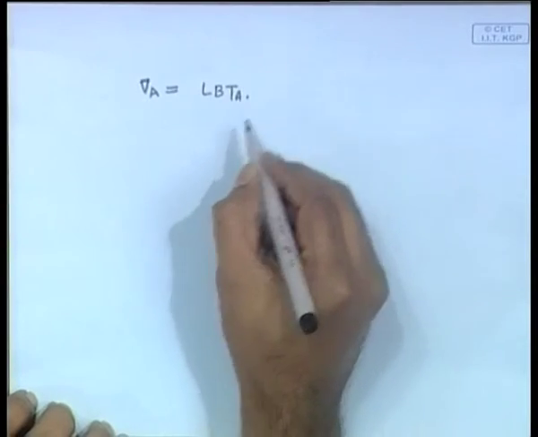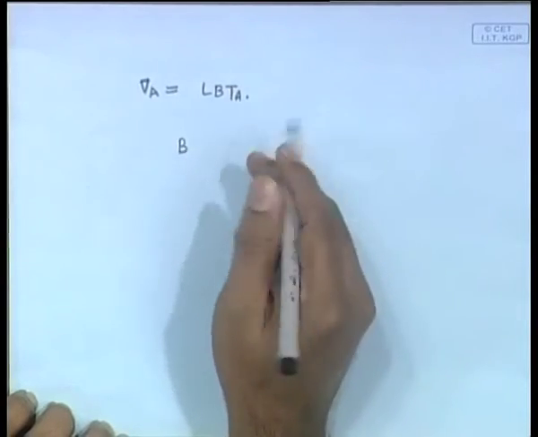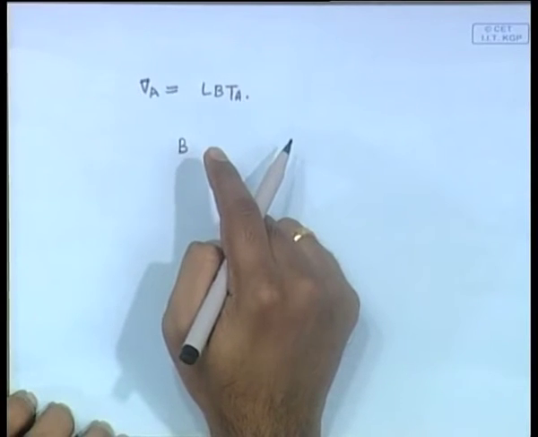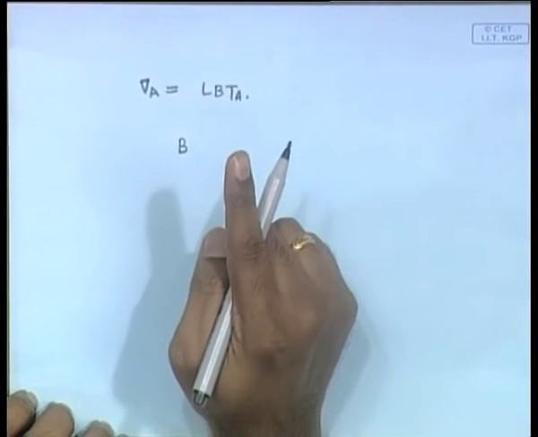So, when the vessel has sunk, the final volume is L B into T A. Note that in this case we are doing the method of added weight. That means that portion is still a part of the ship, that L minus small l concept does not come here. These are the differences between the two, that should be very clear. You have to keep reading it and make it absolutely clear.